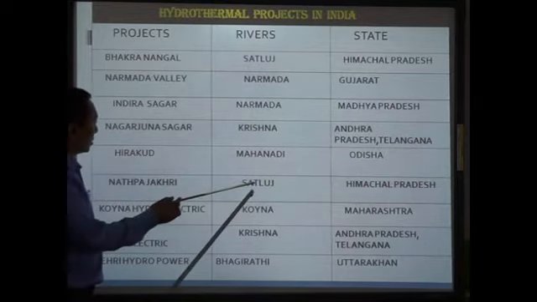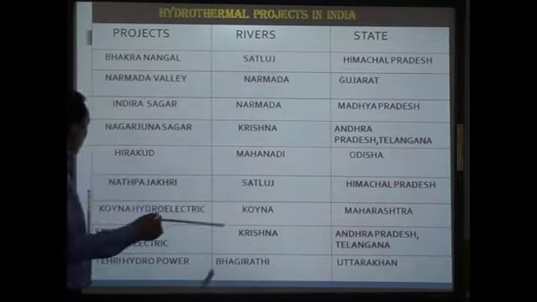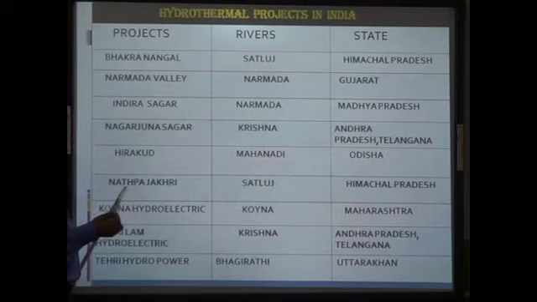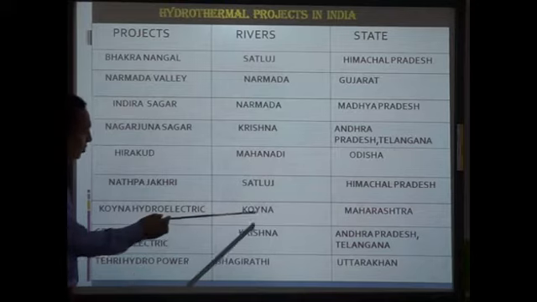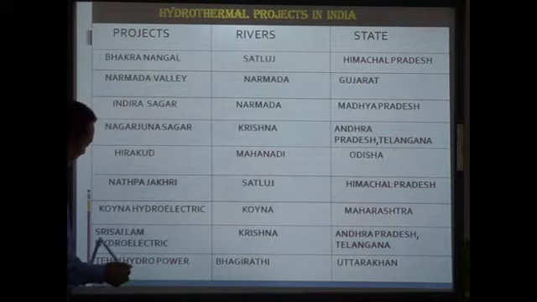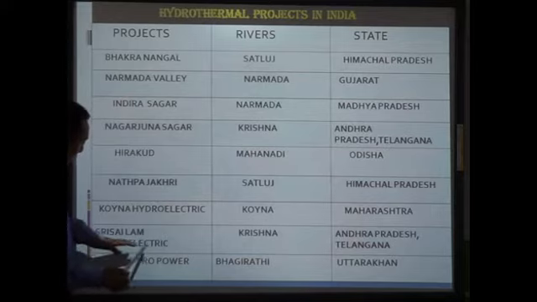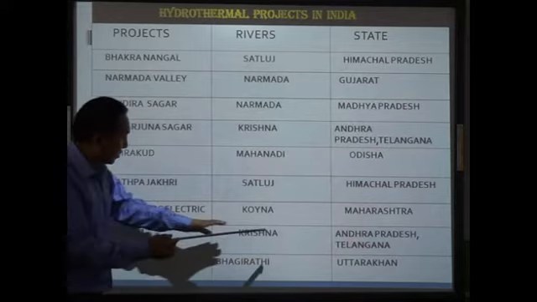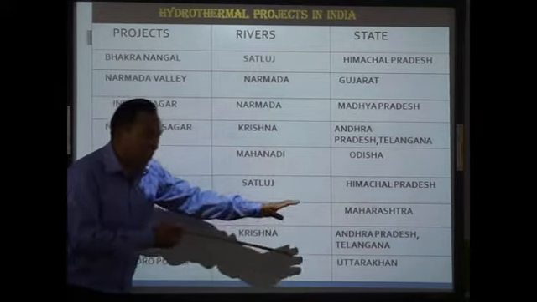Then Dhakri, Sutlej, Himachal Pradesh. Then we have Koyna hydroelectricity, found on the Koyna in Maharashtra. Then the Srisailam project, hydroelectricity, Krishna River, found in Andhra Pradesh and Telangana.